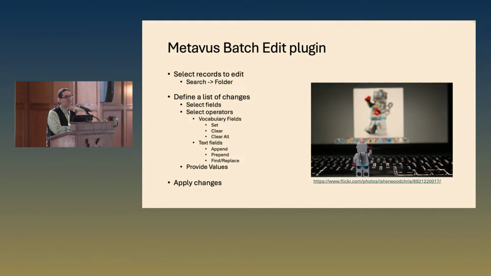You define a list of changes that you want for those records by selecting the fields that should be modified, providing operators telling how they should be modified. In vocabulary fields, you can either set terms, clear terms, or just empty the field entirely. In text fields, you can append, prepend, or find and replace. Then you provide values for those operators, then apply your changes.